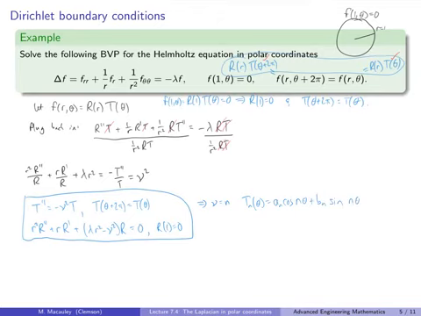So we have periodic boundary conditions. We don't eliminate either the sine or the cosine. We just know that the frequency has to be an integer n. Yeah, this coefficient has to be n. That's what we know.